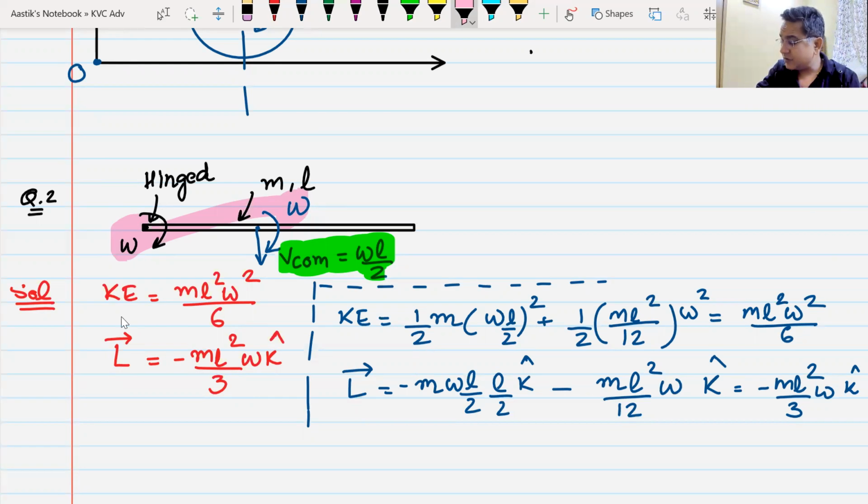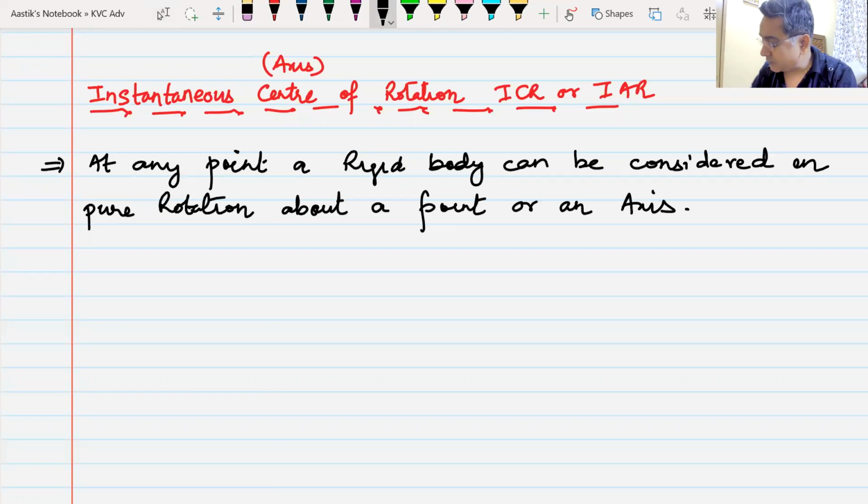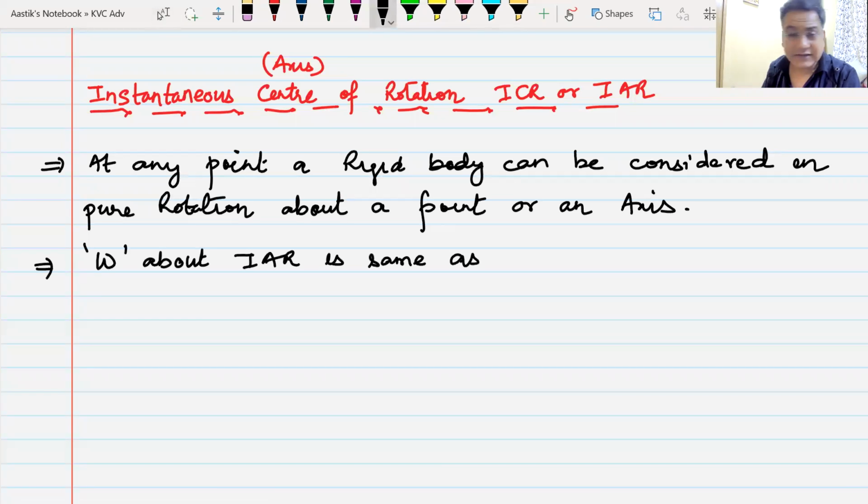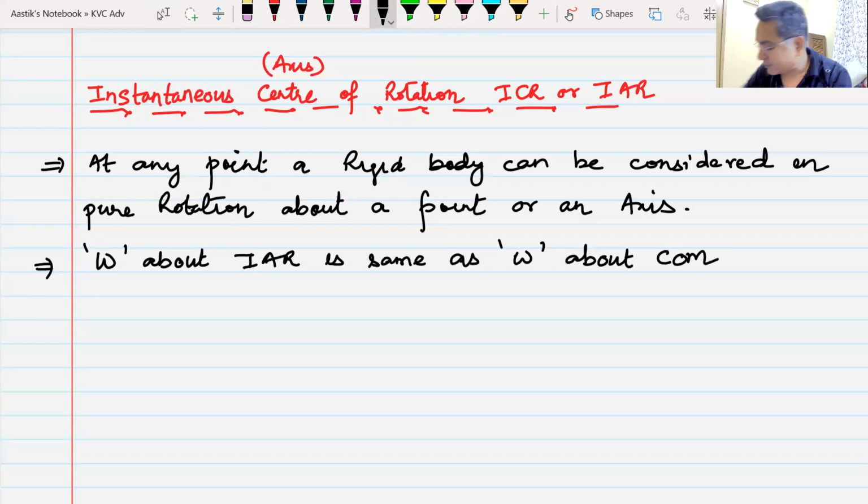So that is the next point that you must remember, that the angular velocity omega about this IAR or ICR is the same as the omega about the center of mass. Do we understand this? Yes, sir.